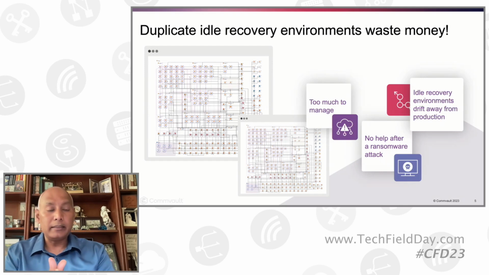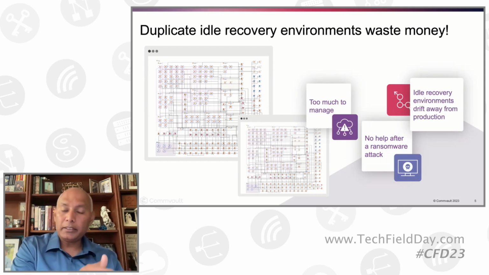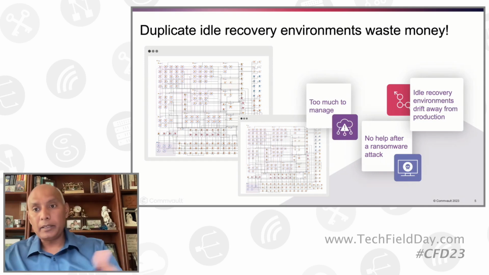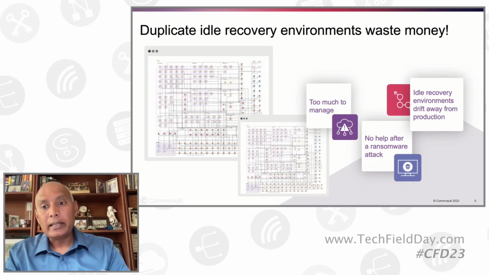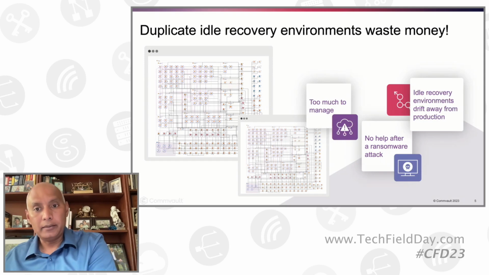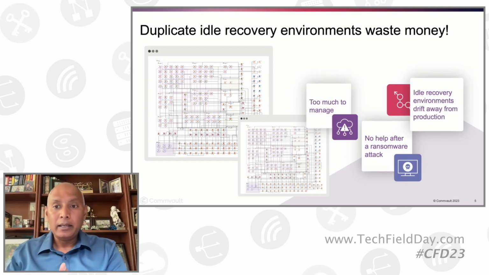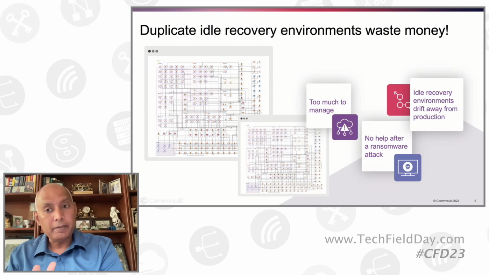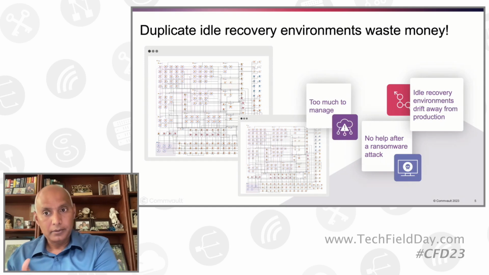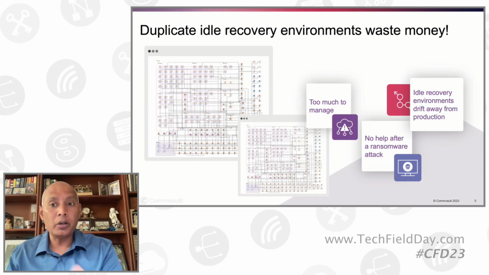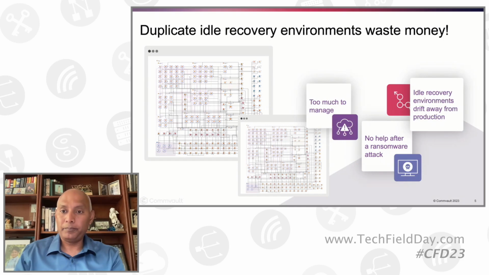Third, the most important thing is that if your production environment gets attacked, and the idle environment is connected to it, that environment will also be attacked. So in the end, you have not only completely wasted your budget on an idle environment, second of all, you also wasted resources, meaning human resources, to manage that. And third, you're not really benefiting from it.